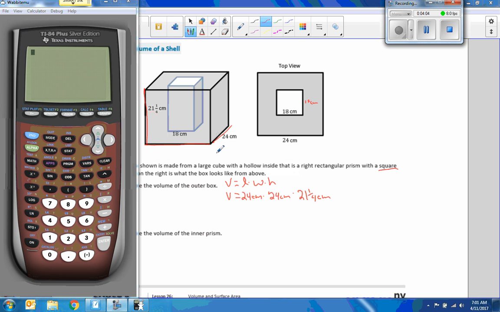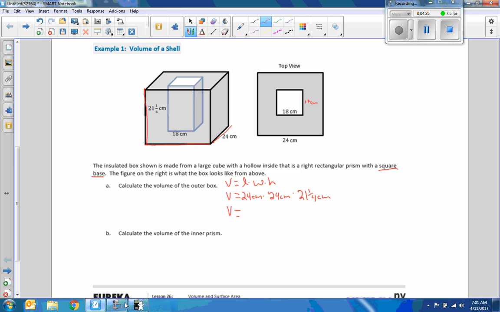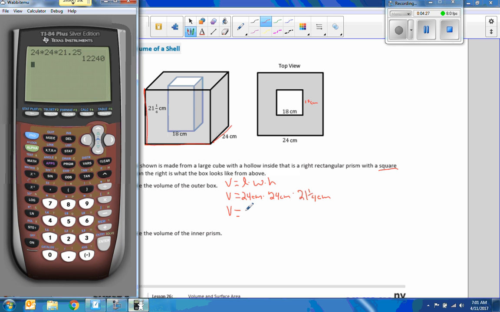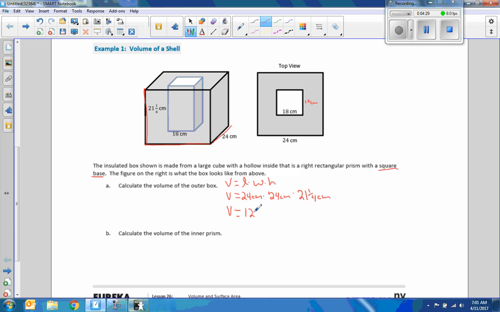Okay, these are fairly large numbers, so I'm going to save time by using a calculator. So it's 24 times 24 times 21.25, and hit enter. So the volume equals 12,240 centimeters cubed.